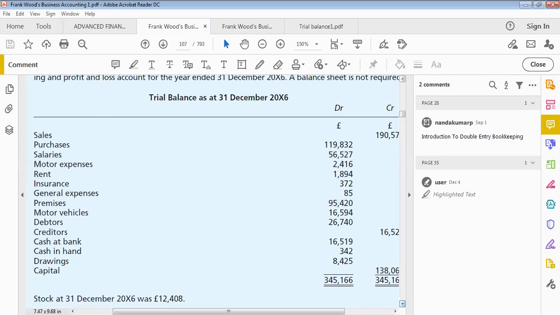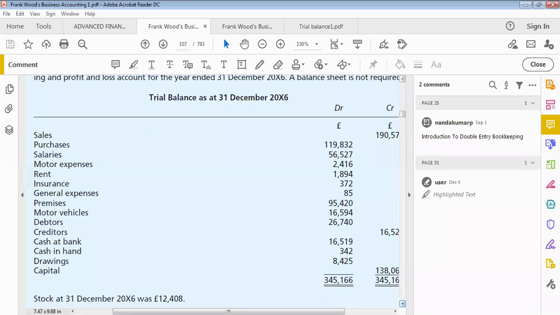Rent? No, it's part of the expense. Creditors? No. So you have cash at bank, cash in hand. You have two more left there.